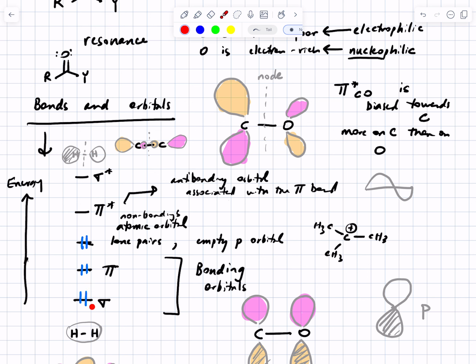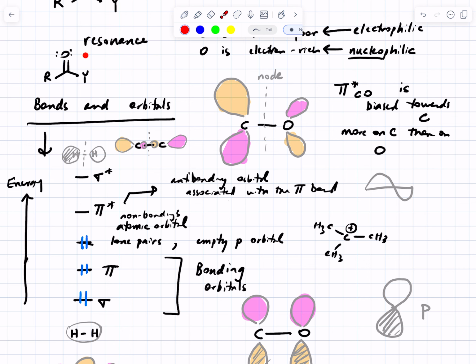Here's electrons in the sigma bonds, here's the electrons in the carbon-oxygen pi bond, here's the electrons in the lone pairs. Remember, we're not being too specific, there's multiple sigma bonds, there's multiple lone pairs. You can see from this energy diagram that the most reactive electrons in this molecule, the ones that are highest in energy, are the lone pairs on the oxygen, right?